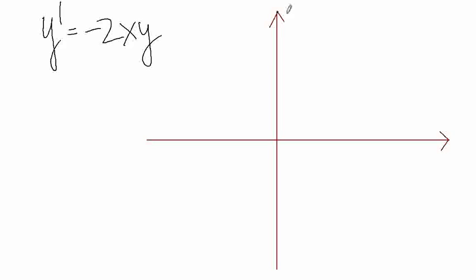So give me a minute to make, again, an xy coordinate plane. And yes, we could use the method of separation of variables to solve this, and maybe you did, and if you did, that's wonderful.